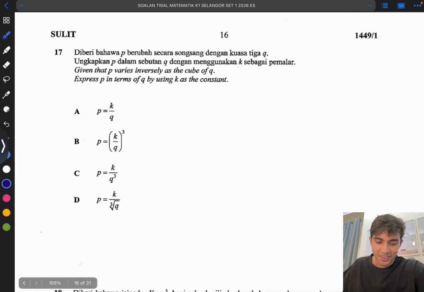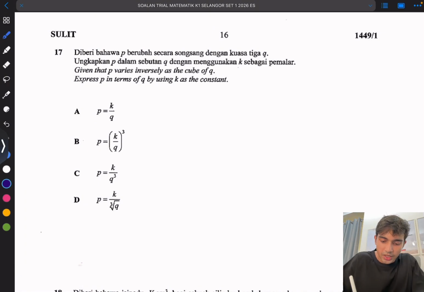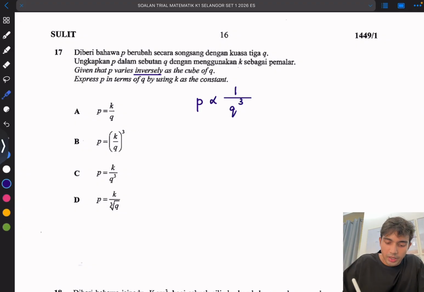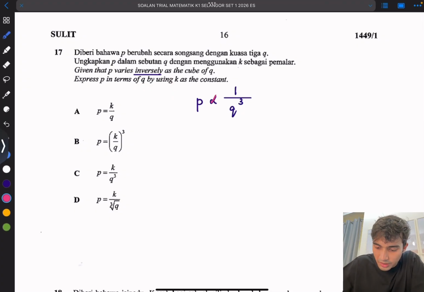Okay. Question 17. Given that P varies inversely as the cube of Q. P inverse means we must put 1 over. Cube of Q means Q cube. Express P in terms of Q by using k. Whenever you get this fish symbol, you must change it to equals to and then add a k.